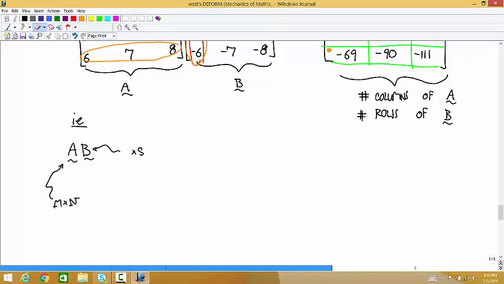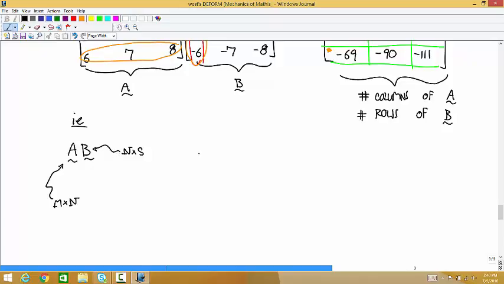This has to be N by S, because this one has to have the same number of columns that this one has rows.